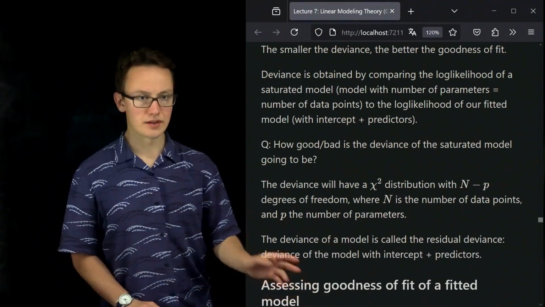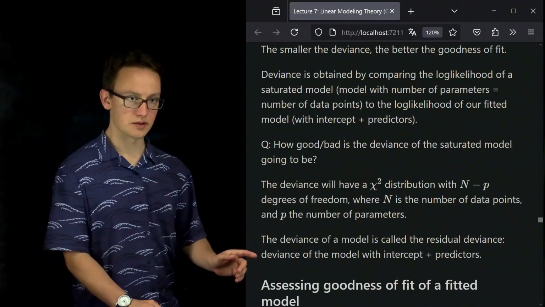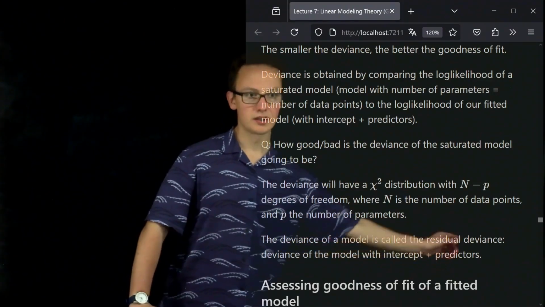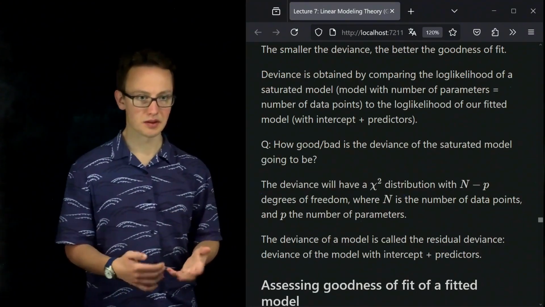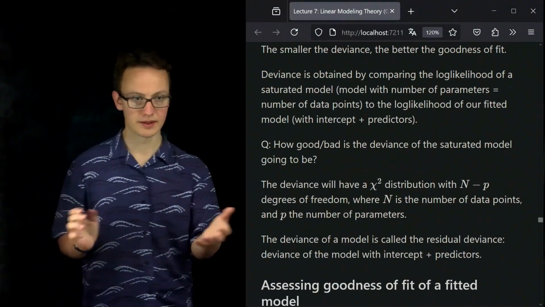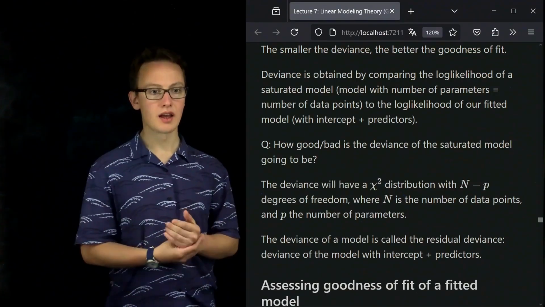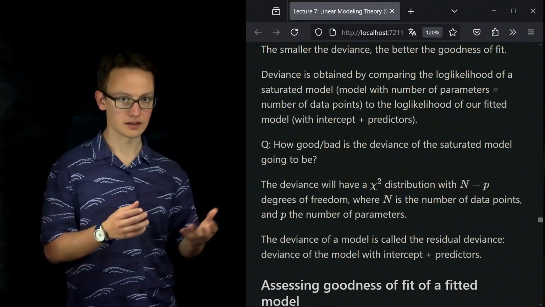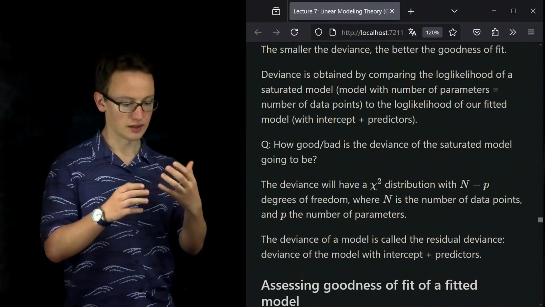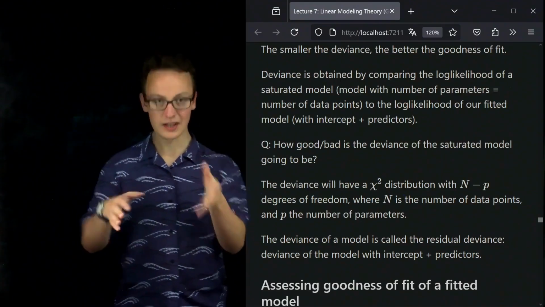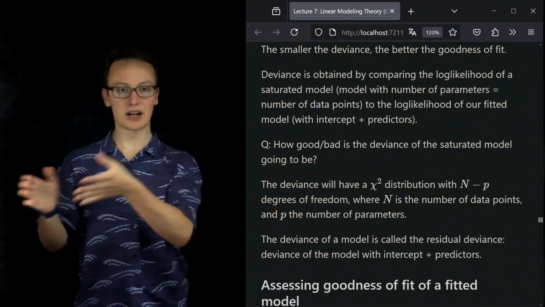But just as a last little note here, you'll often also see the term residual deviance when describing the deviance of a particular model of interest, like the model with an intercept and a predictor or more predictors. The reason being that, as we said, the deviance always describes the difference in goodness of fit between the saturated model, which would predict the data perfectly, and our actual model.